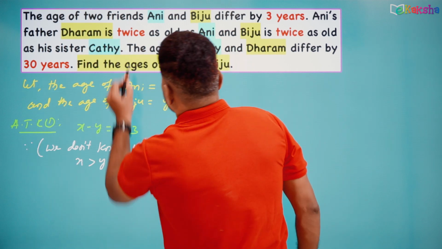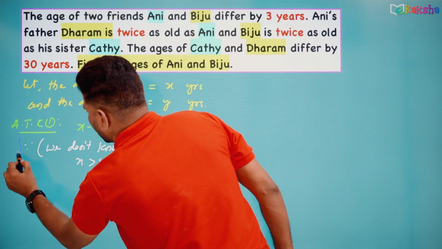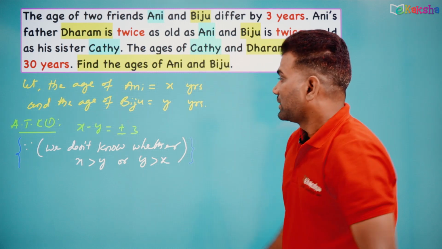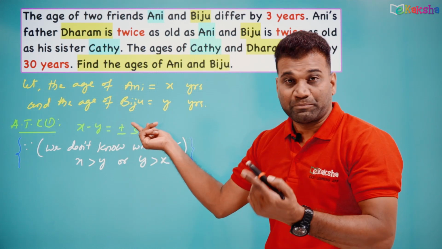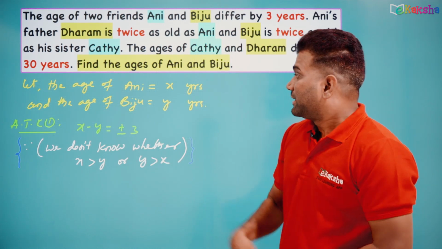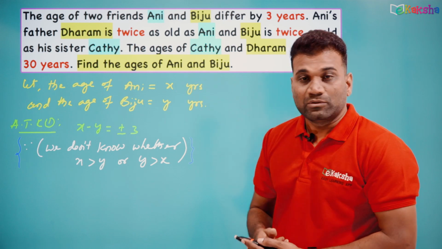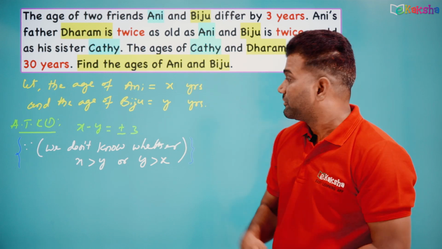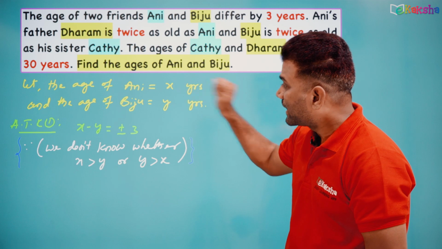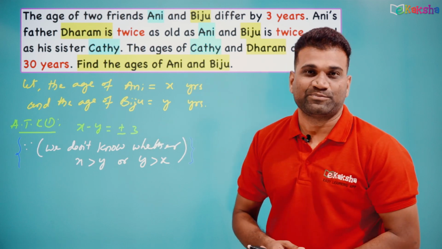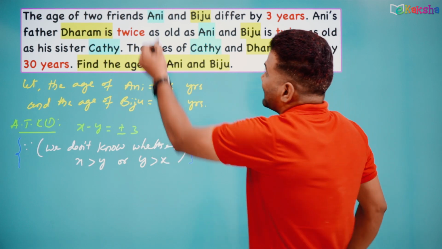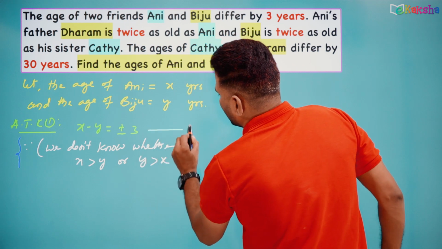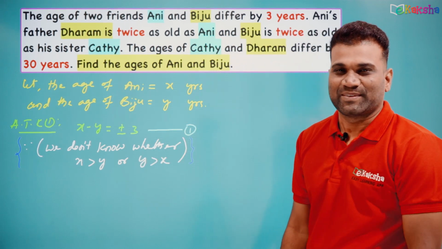Because of this, the difference can be positive 3 or negative 3. If Ani is older than Biju, we'll get positive 3. If Biju is older than Ani, we'll get negative 3. Let us take this as equation number 1.